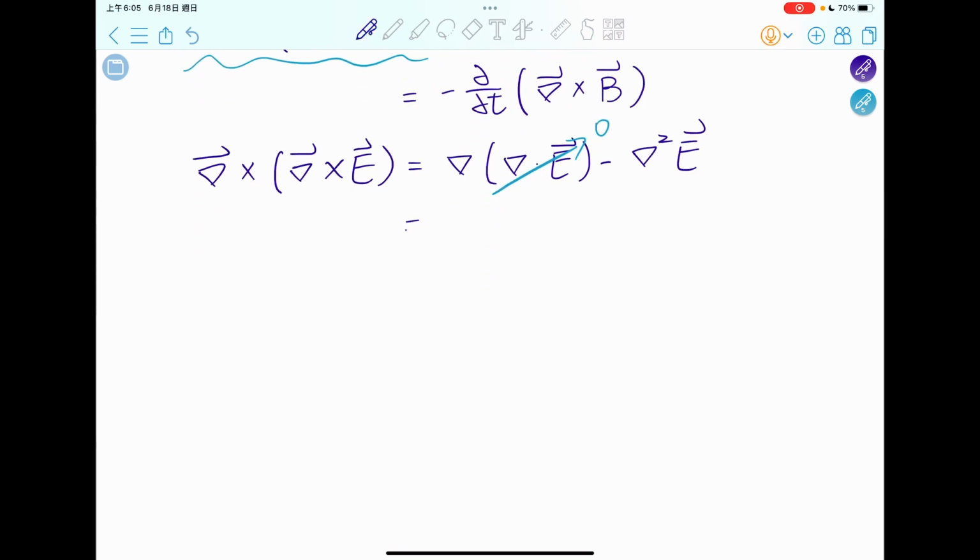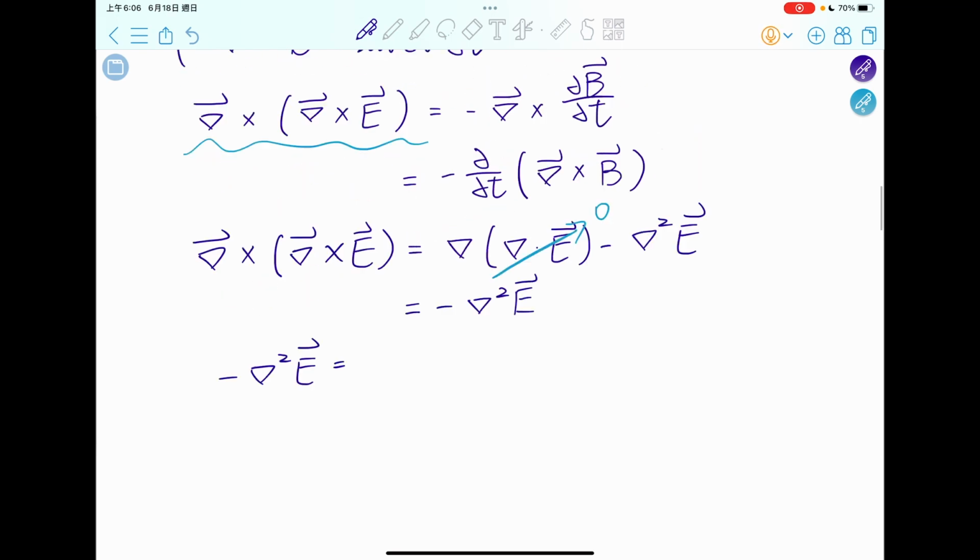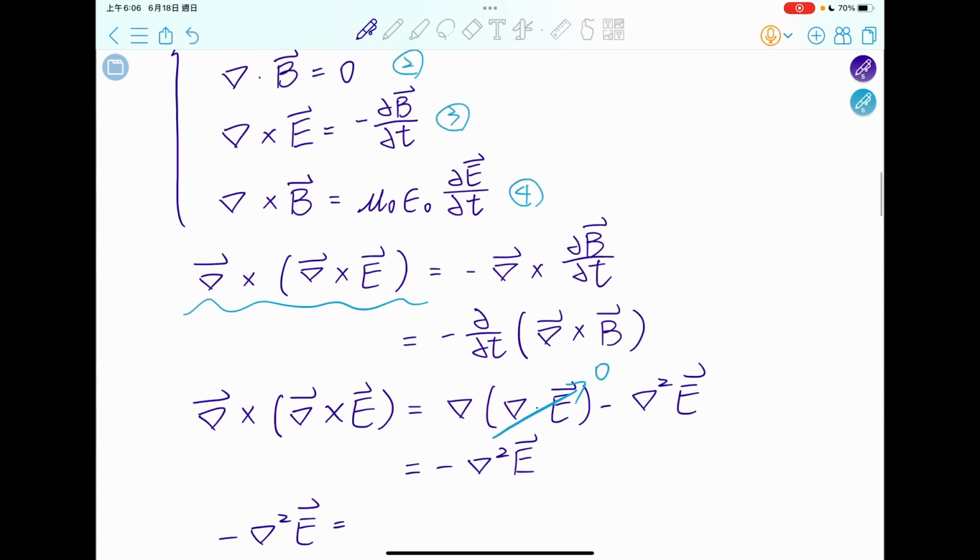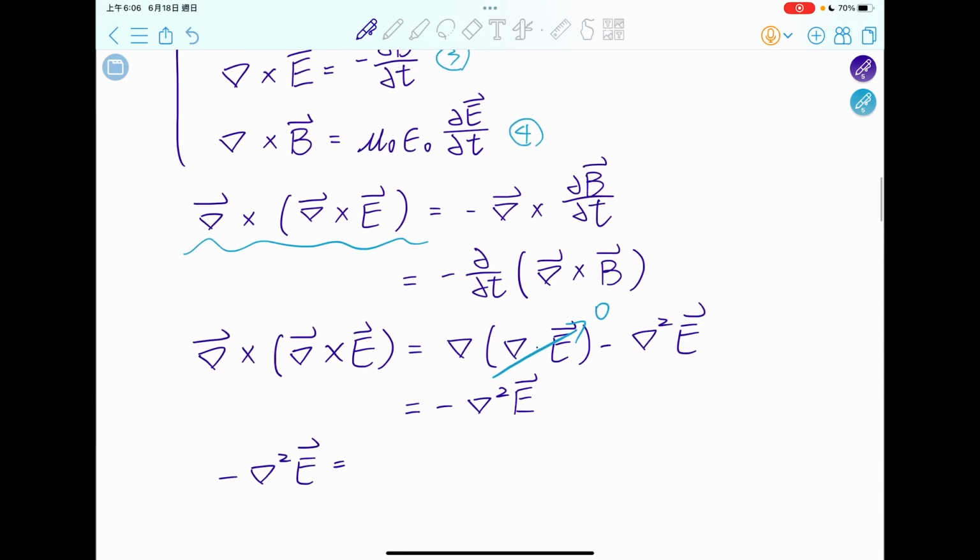So we get del cross del cross E equals negative Laplacian of E. So we get negative Laplacian of E equals negative partial del cross B with respect to t.